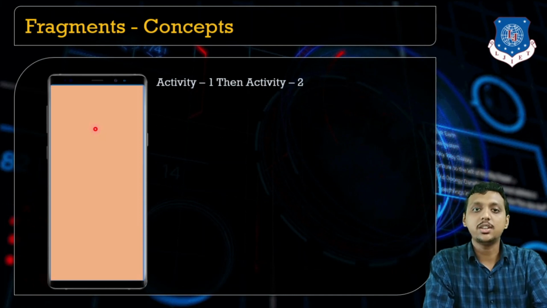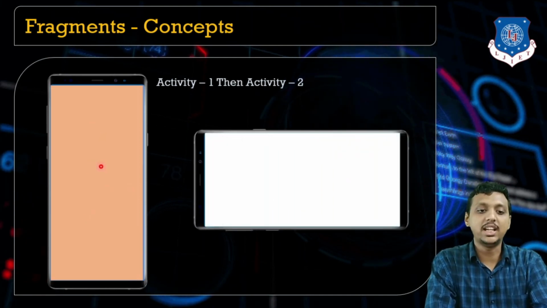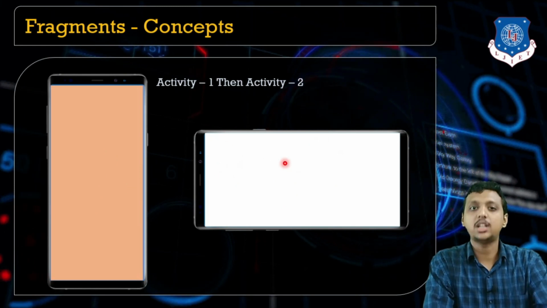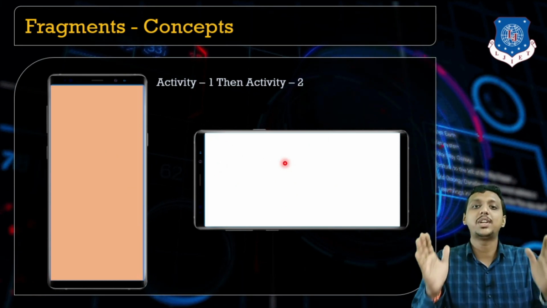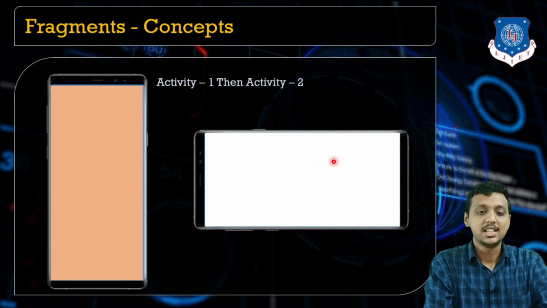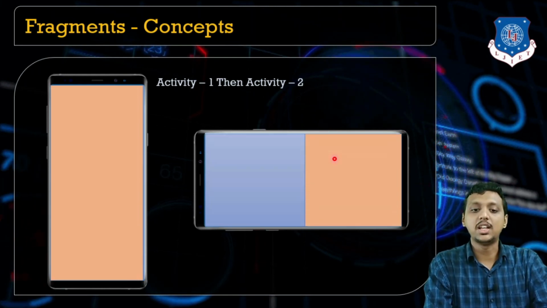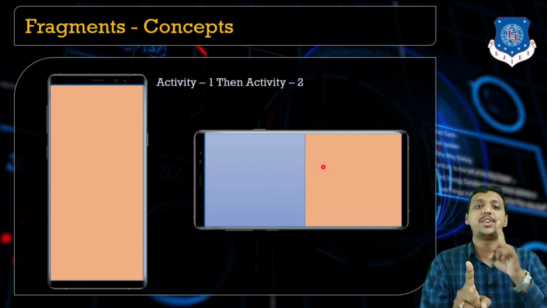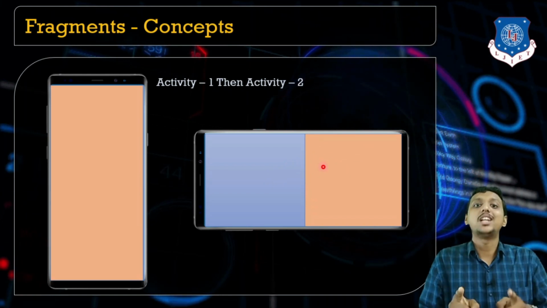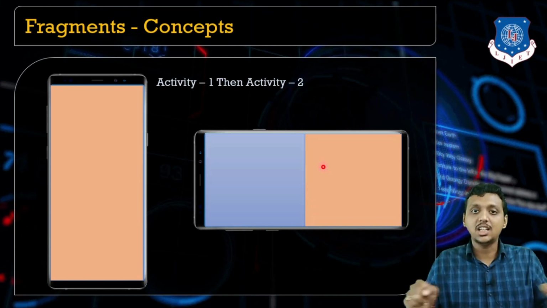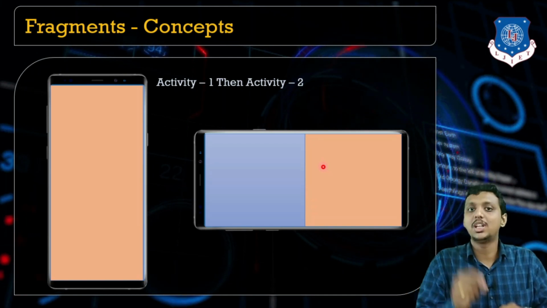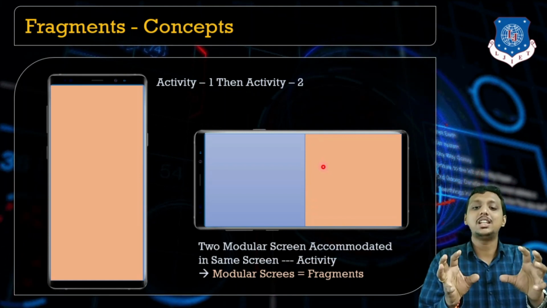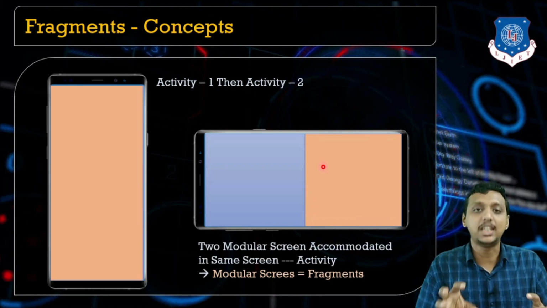Here activity 1 and activity 2 are there. But imagine a situation where this is our tablet view. Here, these two different parts are known as fragment 1 and fragment 2, and the screen that contains both fragment 1 and fragment 2 is known as the activity. Here two modular screens are accommodated in the same screen.